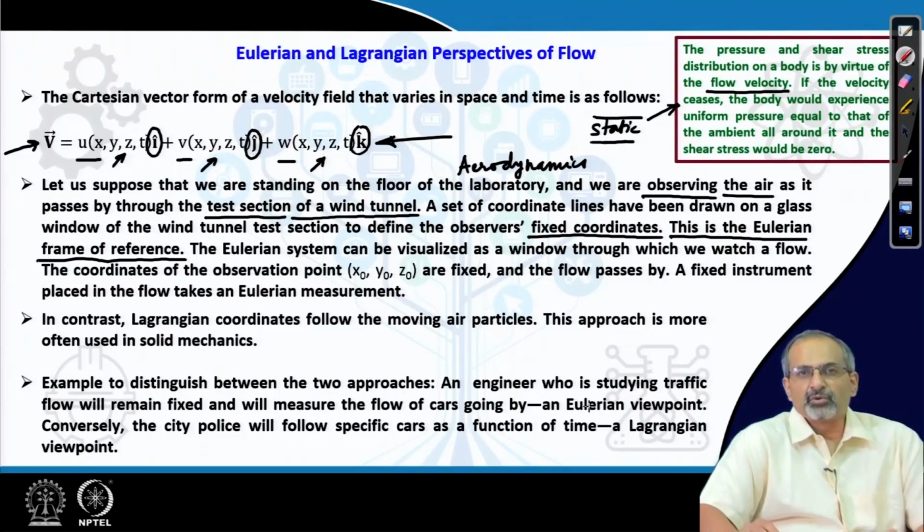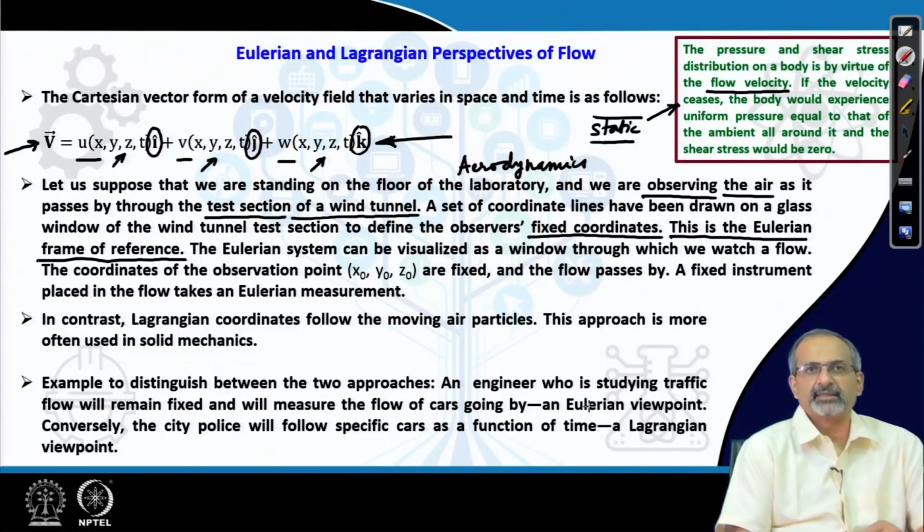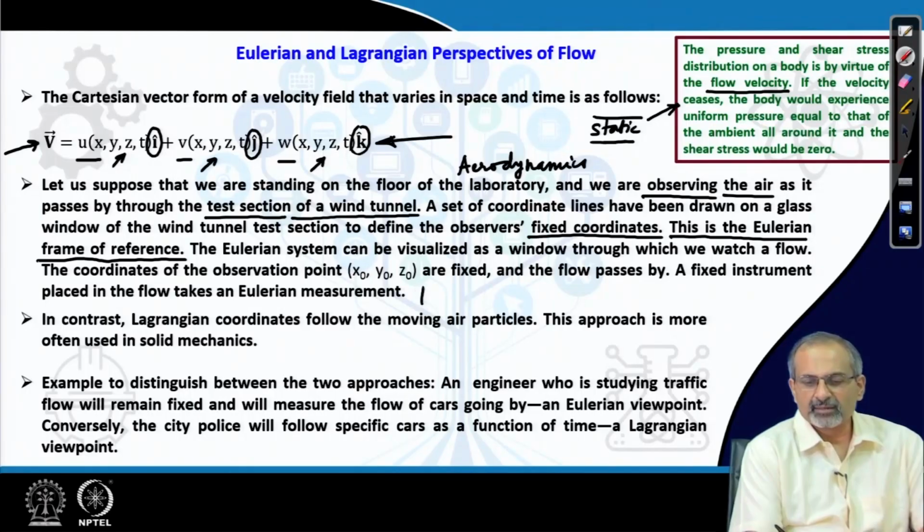So, we do not change our own location, we just define a certain domain of interest and we just observe the flow moving into that domain and moving out of it. The coordinates of the observation point, let us say x naught, y naught, z naught, are fixed and the flow passes by. A fixed instrument placed in the flow takes an Eulerian measurement. Let us say we will look at instruments like the pitot-static tube later on.